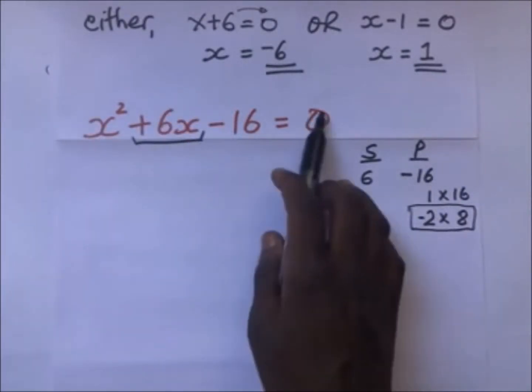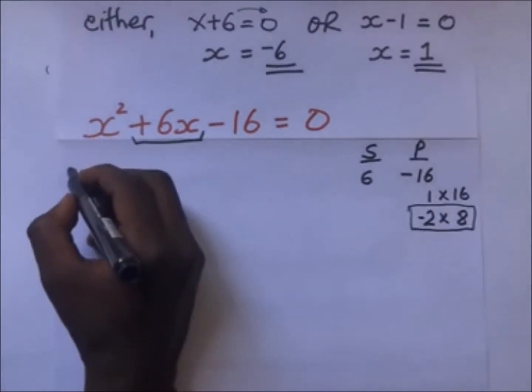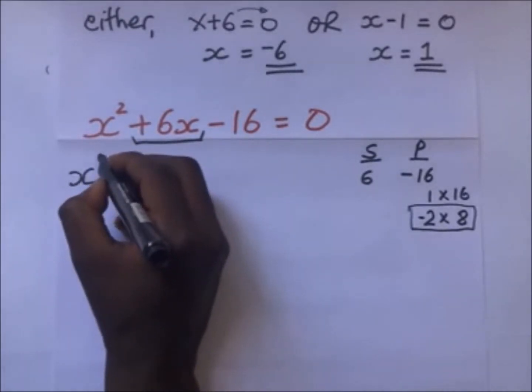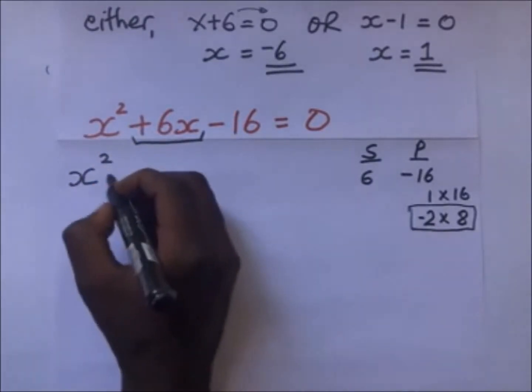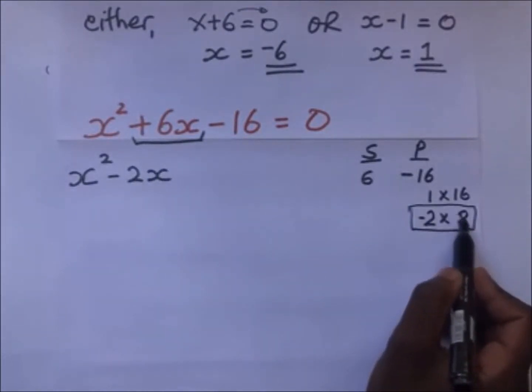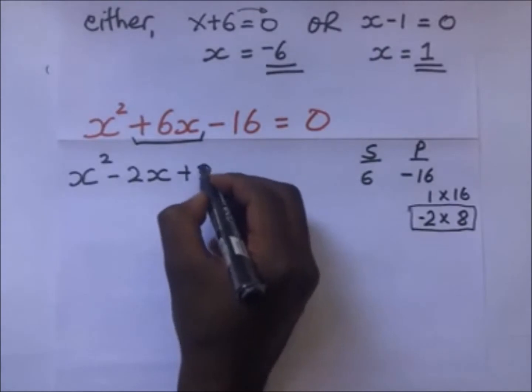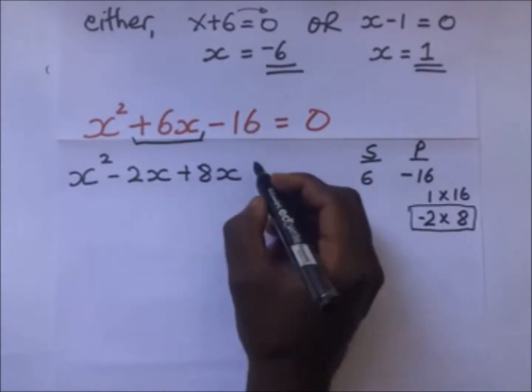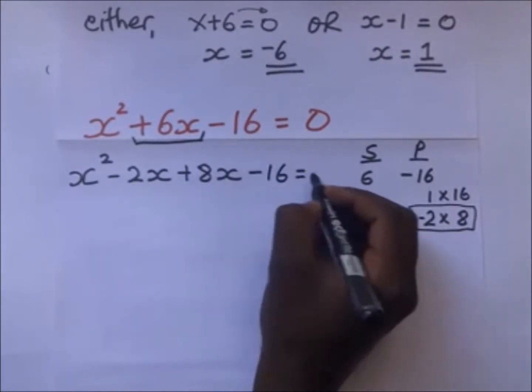So it means after this, our next step is going to become x squared minus 2x. This is positive 8, so it is plus 8x minus 16 is equal to 0.